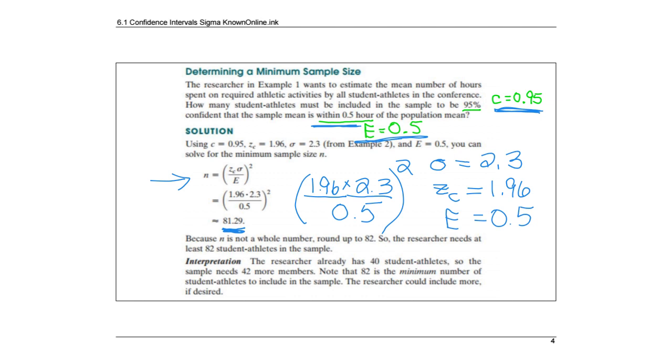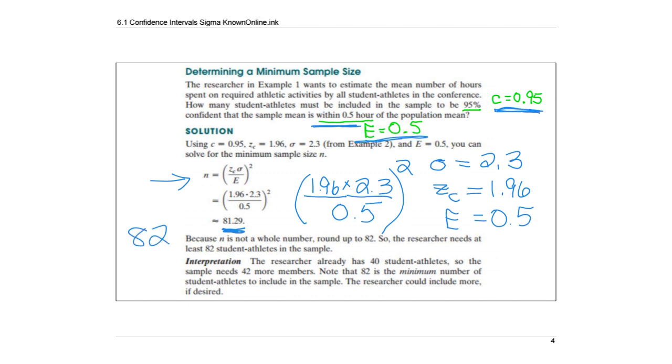Normally, we would round that down to 81, but because we're looking at sample size and we want to be positive that we've used a big enough sample size, because we're even barely past 81, we're going to go ahead and round up to 82.